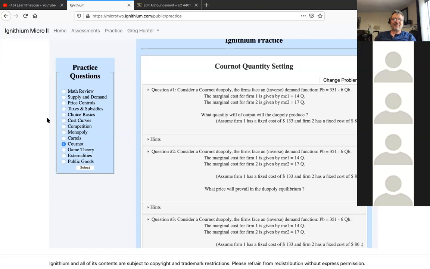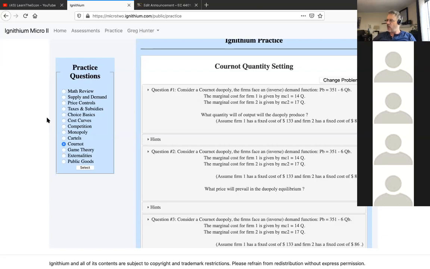So anyway, we did the reaction function for firm 1. Now you guys do the reaction function for firm 2, and I'll come back to you and ask for answers. I could ask anybody, so get ready to type your answer in the chat.